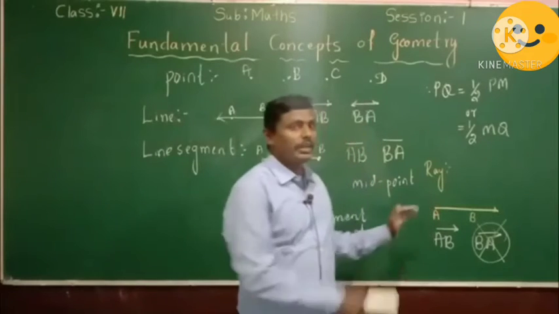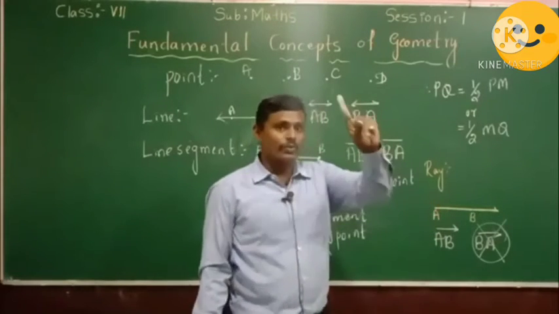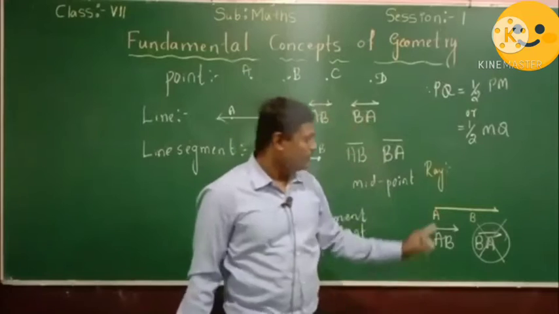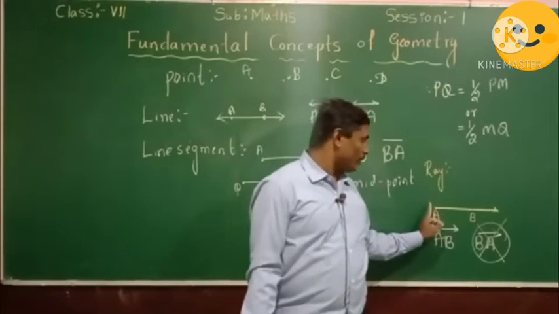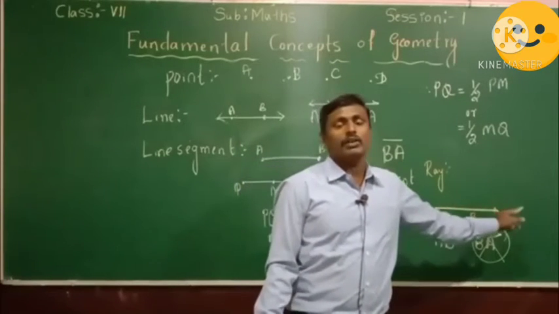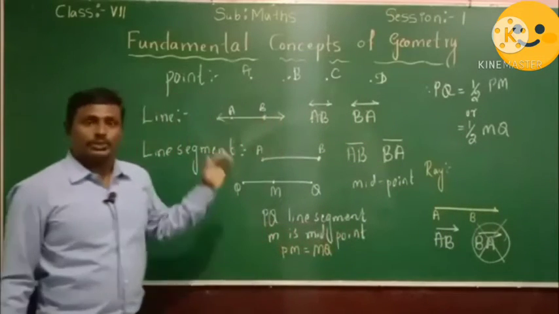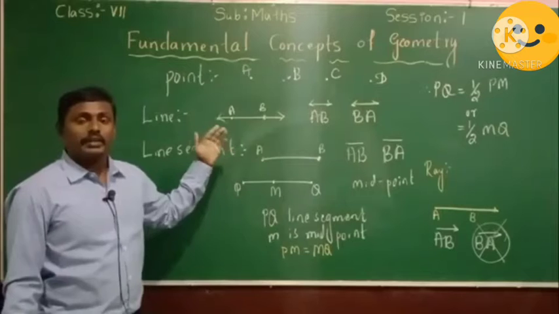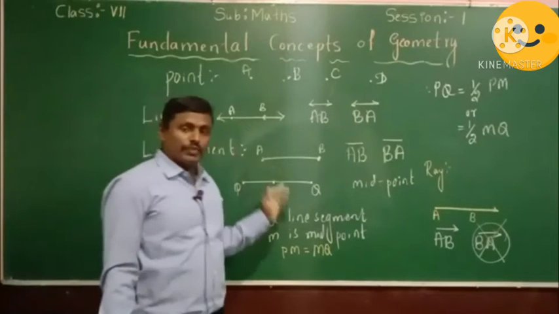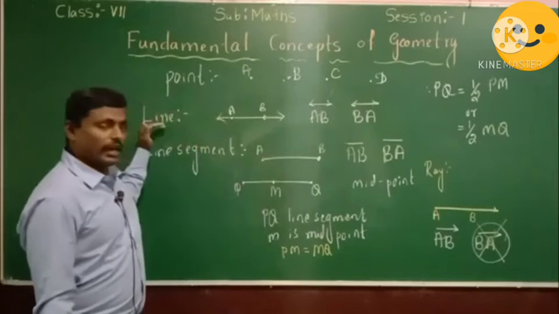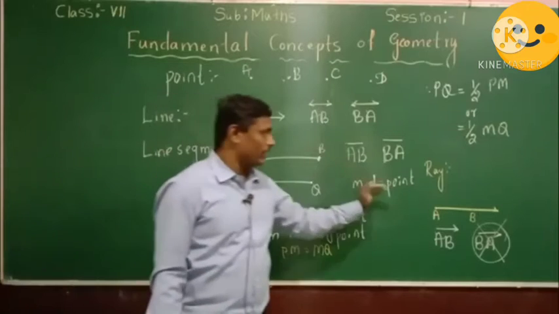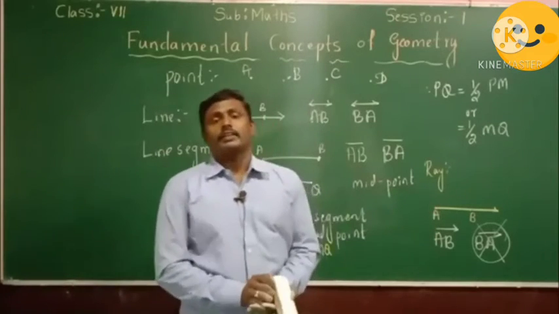A ray has only one point, the initial point, and from that point the ray travels in a particular direction. So these are the main differences between line segment and ray.